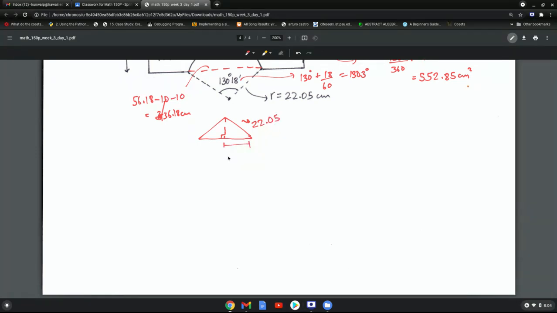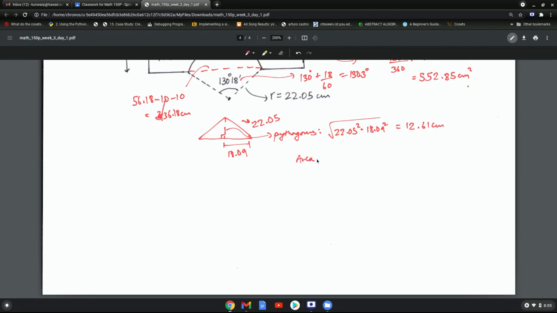This is going to be half of 36.18, so it's 18.09, and using Pythagoras we can find the height, which is going to be the square root of the hypotenuse squared minus the other side squared. Plugging into the calculator, 22.05 squared minus 18.09 squared, and the square root of the answer, when you round it, is 12.61 centimeters.